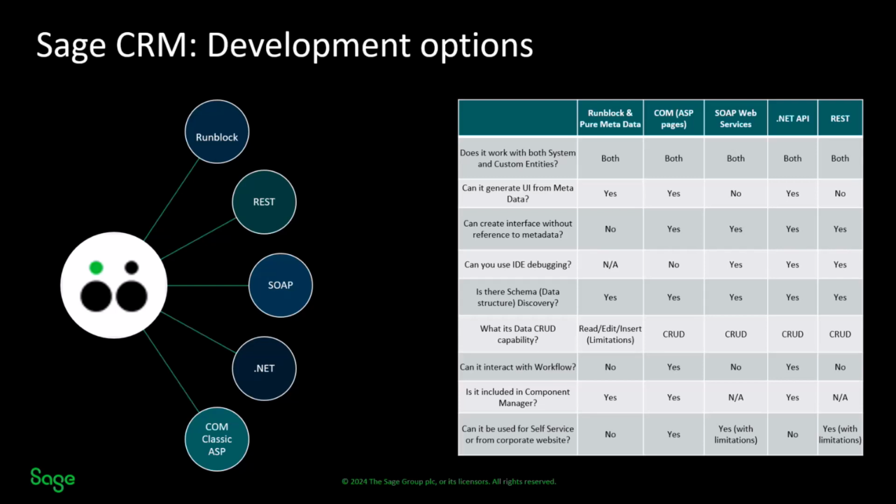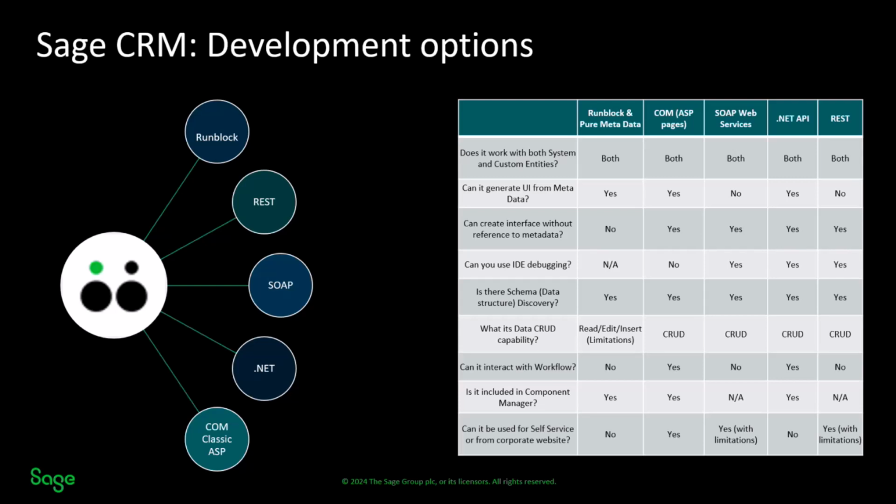It doesn't have knowledge of metadata, or rather it has limited understanding of metadata. Typically it understands data and data structures, but it doesn't understand things like screens and lists, workflow rules and behaviors, and services like mail merge. So it's really only a data transactional API.